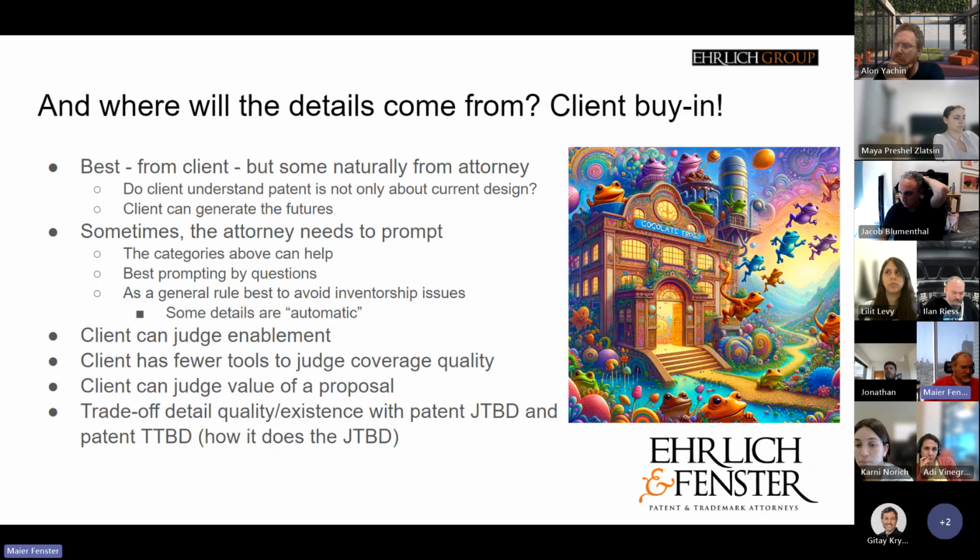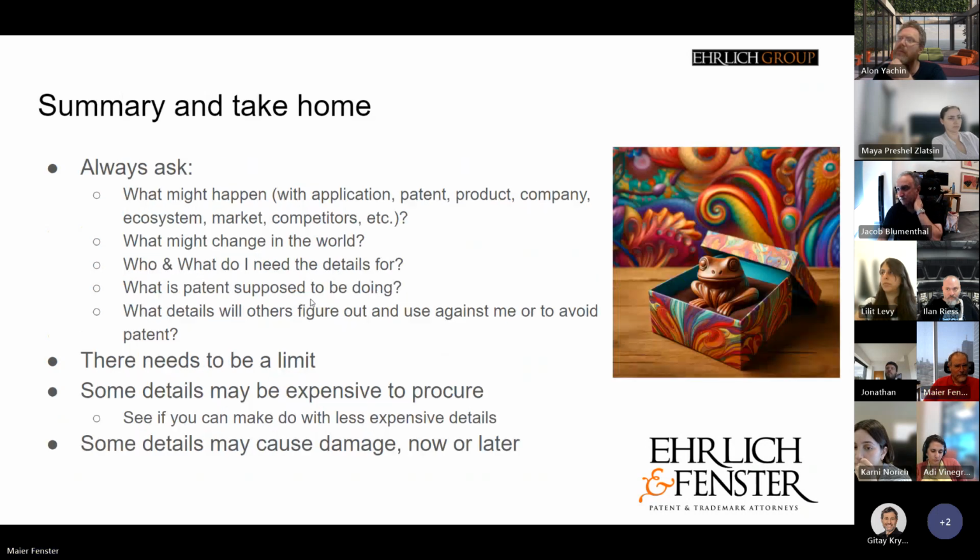In any case, there's a trade-off between how many details you have and what the patent does. And sometimes detail is too expensive, so you limit what you want the patent to do in order not to incur the cost of generating that detail. Summary.